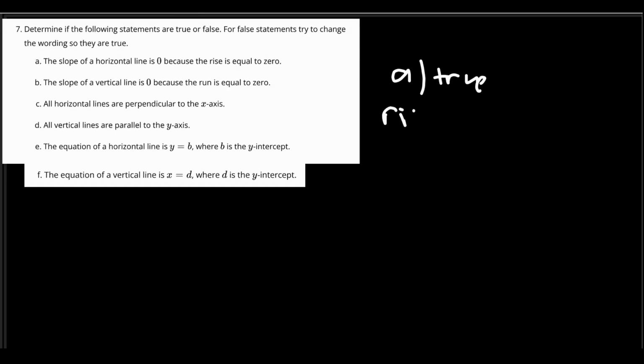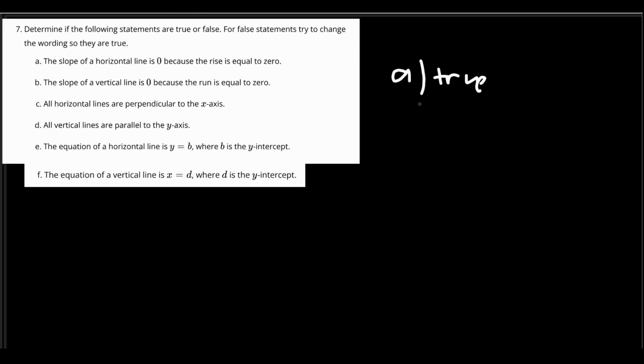If you look at rise over run, if we try to find the rise and run of a horizontal line, we'll get any number for the run, so I'll just write that as n. And then the rise, since it rises 0, we'll just put 0, and then this is right. The slope of a horizontal line is 0 because the rise is equal to 0. So all that is completely true.